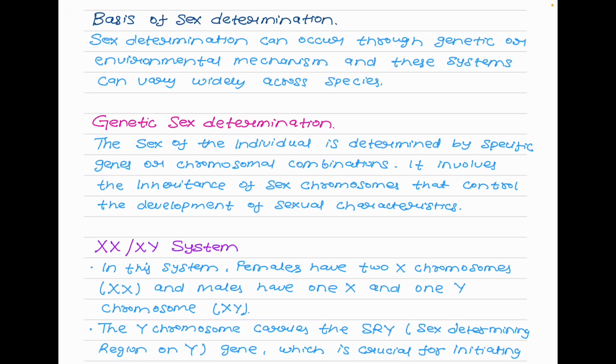Sex determination can be broadly classified into two mechanisms: genetic sex determination and environmental sex determination. Genetic sex determination is the process where an organism's chromosomes decide its sex, and environmental sex determination is the process where external environmental factors influence the development of the sex.